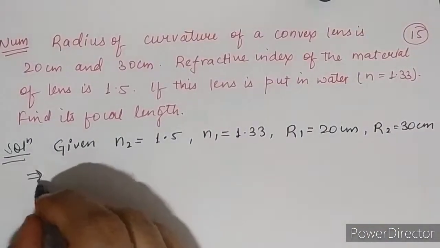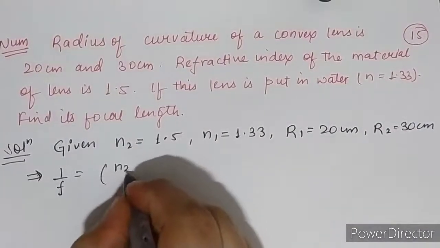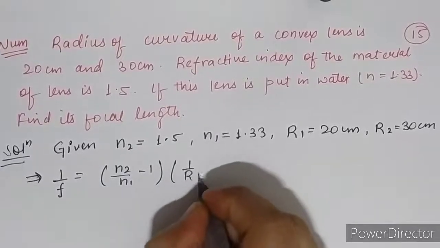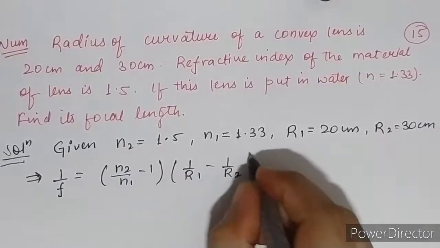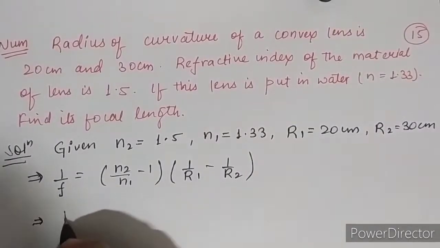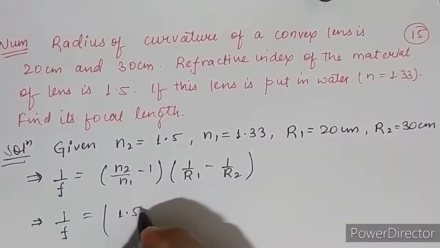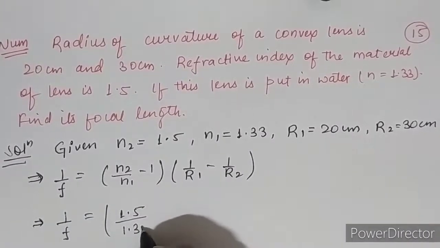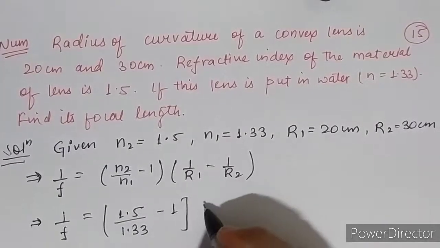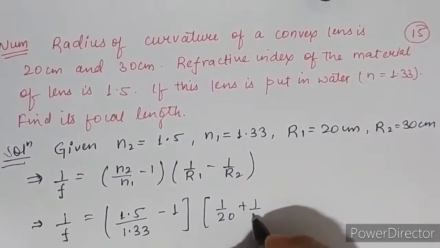Now the formula is: 1 upon focal length is equal to (N2 upon N1 minus 1) times (1 upon R1 minus 1 upon R2), and you have to put the values in this formula. So 1 upon f is equal to (1.5 upon 1.33 minus 1) times (1 upon 20 plus 1 upon 30).